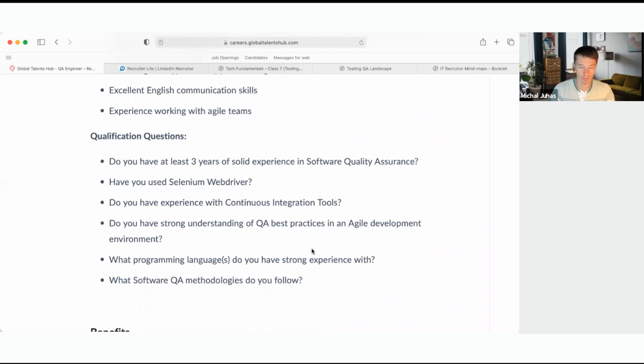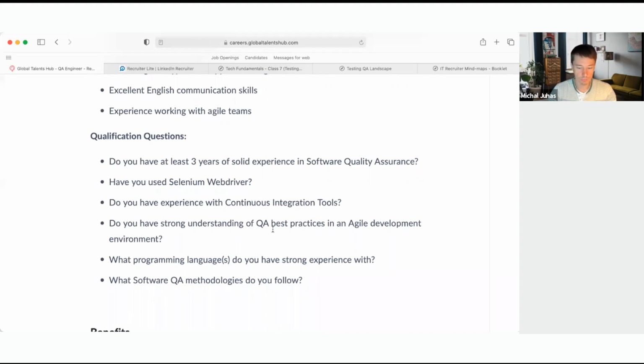Someone who probably was a developer and shifted to QA, or someone who was not a developer yet, because a lot of people just enter the IT space as testers and, for example, manual testers, and then they shift to automated testing. So from manual to test automation. So that's one of the career paths.